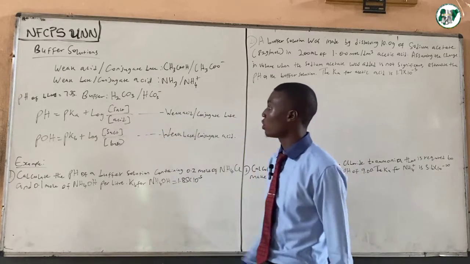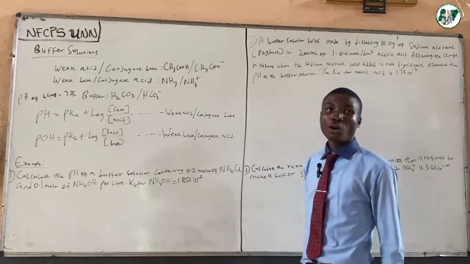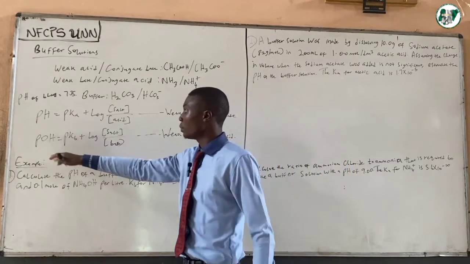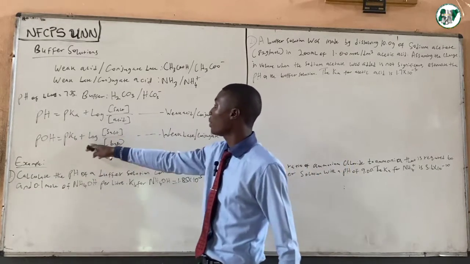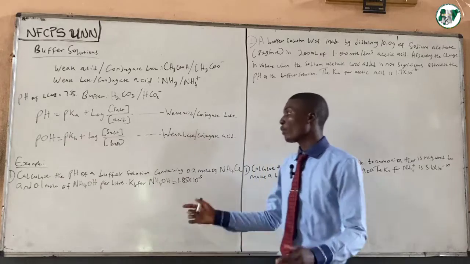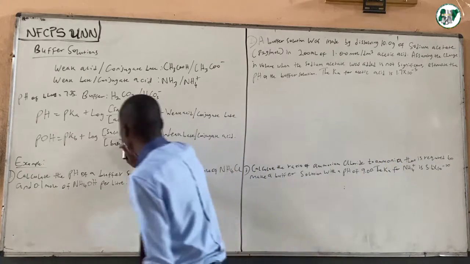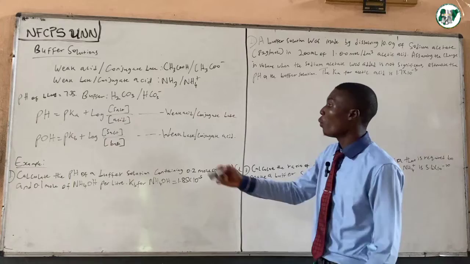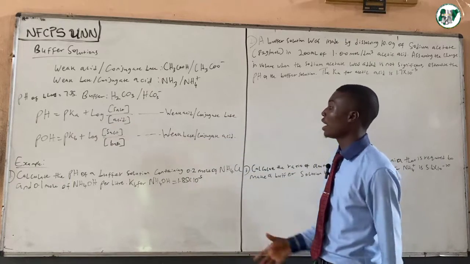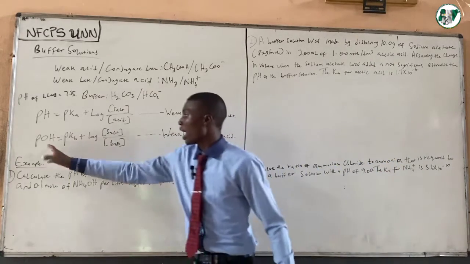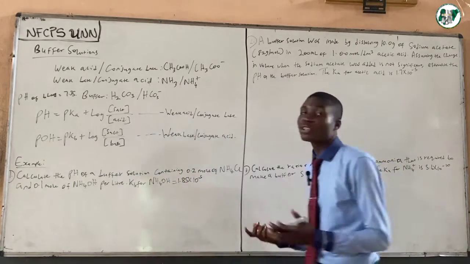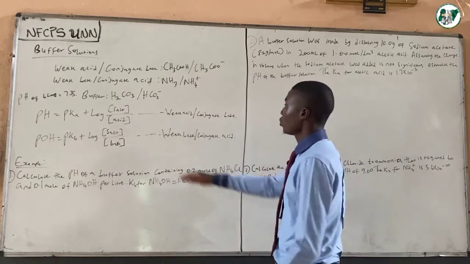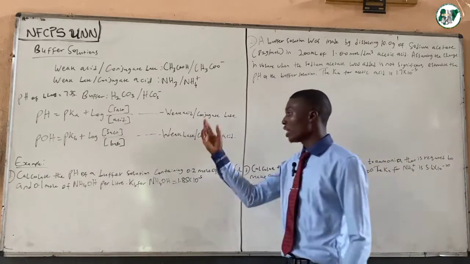While for a weak base and conjugate acid, we have pOH, please take note of that, equal to pKb plus log of the concentration of salt over the concentration of base. When you are working with basic buffers, use this formula, and when you get your pOH, you simply do 14 minus pOH to get your pH. When you are working with acidic buffers, use this particular formula, and you get your pH straight up.